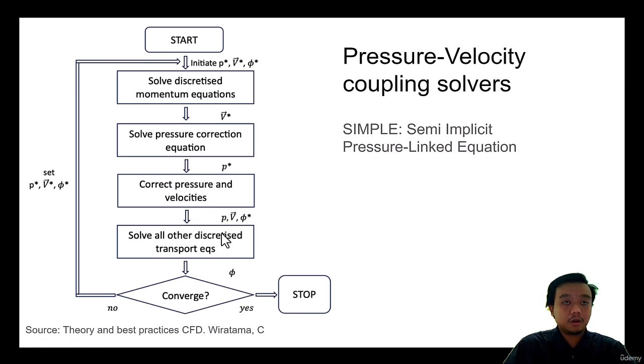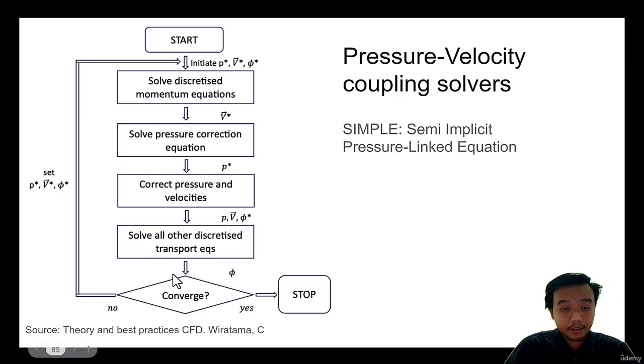If all those parameters have converged, it will stop, so we get the solution. If not, we will go back to the initial step to reiterate the solvers. That's basically how the numerical method works.